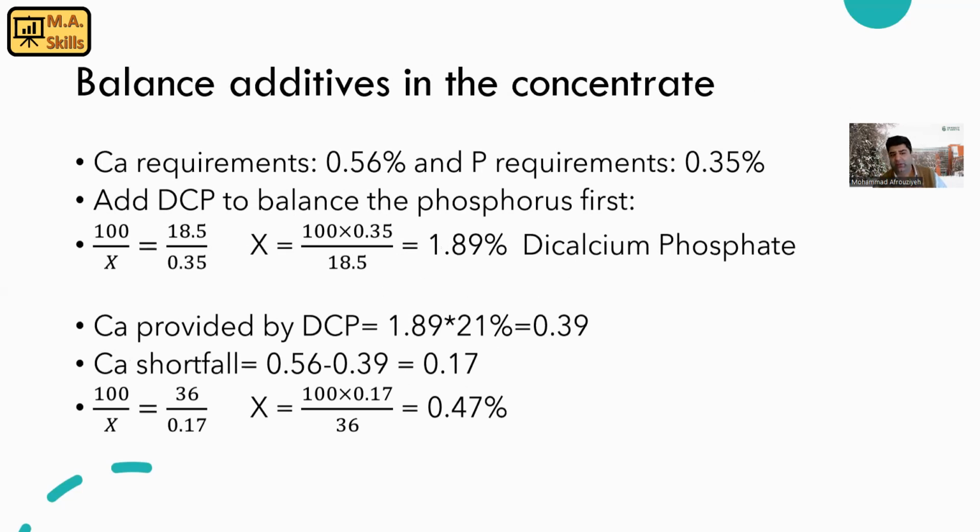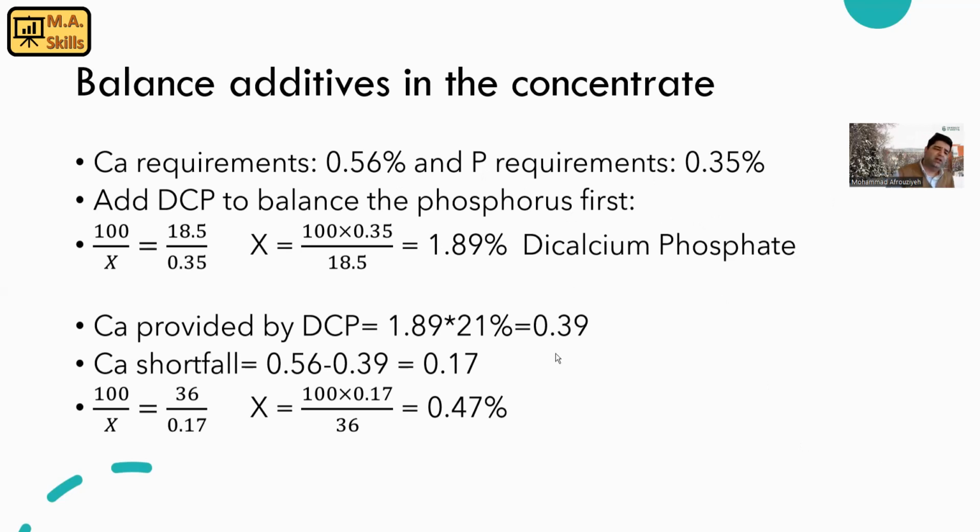So we need to consider the calcium requirements and phosphorus requirements in this scenario. As you saw in the previous episode, we need to have 0.56% calcium in our concentrate and 0.35% phosphorus in our concentrate, right?